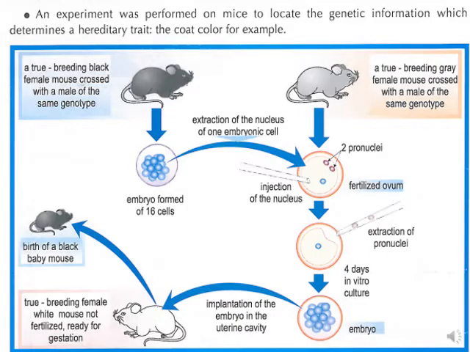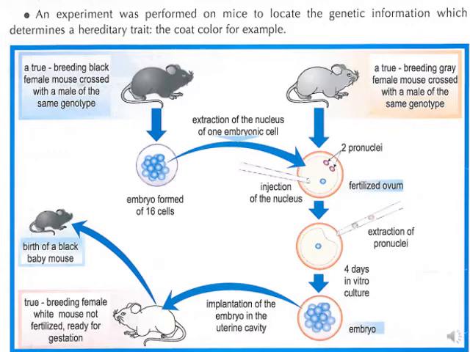Here, there's an experiment performed on mice to locate the genetic information. Where is the genetic information found, which determines the coat color, for example, in this case? So what do we have here? We have a true breeding black female mouse crossed with a male of the same genotype.